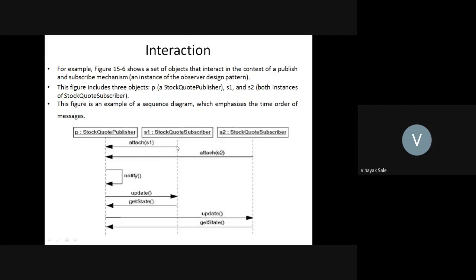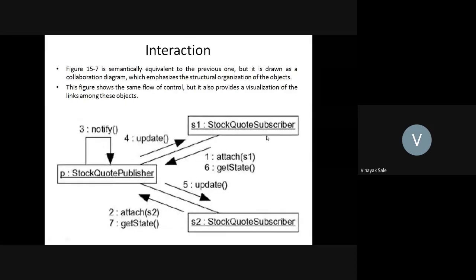So attach S1 to P, attach S2 to P. Then notify itself, then update to S1. Once it is updated, get state from S1 to P. Similarly, update towards S2. Once it is updated, get state from S2 to P. There are messages from one object to another; this is communication between objects and classes. So this is a sequence diagram semantically.